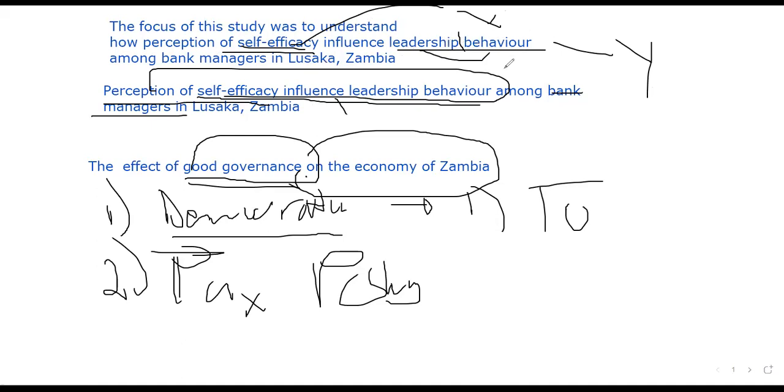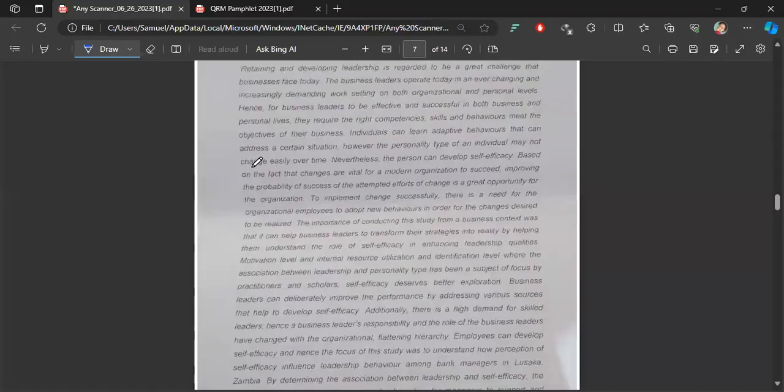So as we'll be stating this, we'll always have to put leadership behavior among bank managers, whatever self-efficacy traits or associating factors we're going to find.